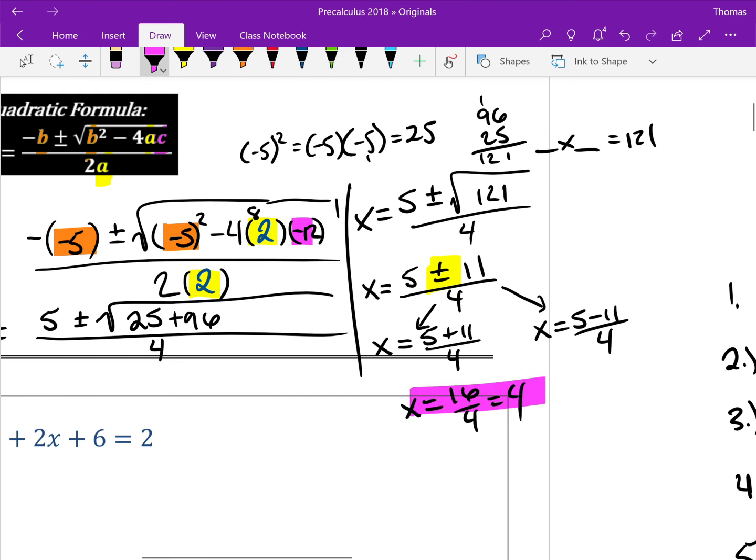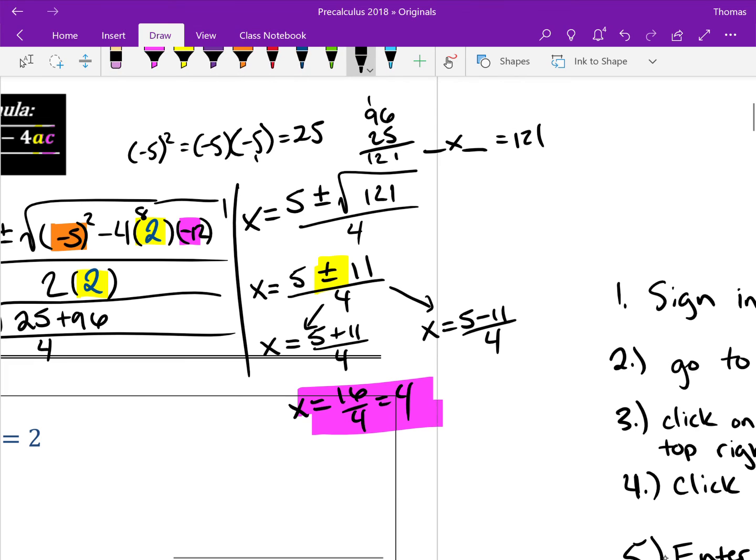So there's a solution, x equals 4. Another solution is x equals negative 6 all over 4, so negative 3 over 2 if we simplify.